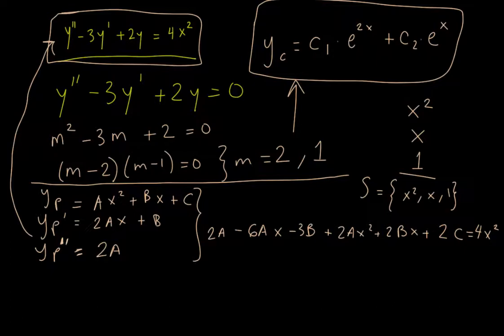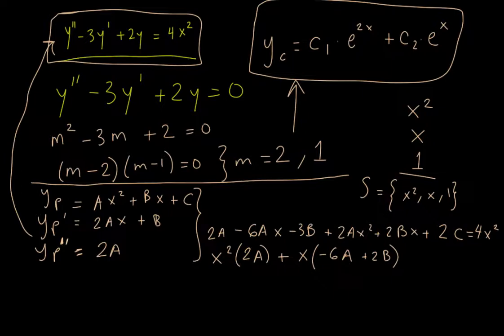So we're just going to group these. The x squared terms, I'm going to group them together and factor them, so then we only have 2a, plus anything that has an x with it, that would be minus 6a plus 2b.